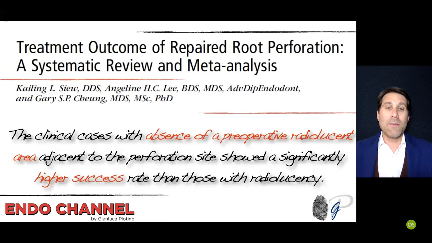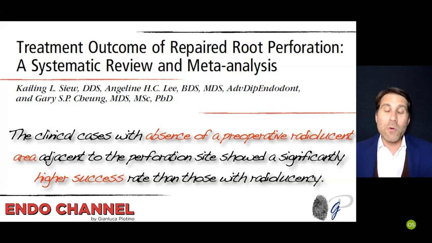In this systematic review and meta-analysis, one of the conclusions was that the clinical cases with absence of a preoperative radiolucent area adjacent to the perforation site showed a significantly higher success rate than those with the presence of radiolucency. So again, we clearly know that the success rate is influenced by the presence of bacterial contamination.